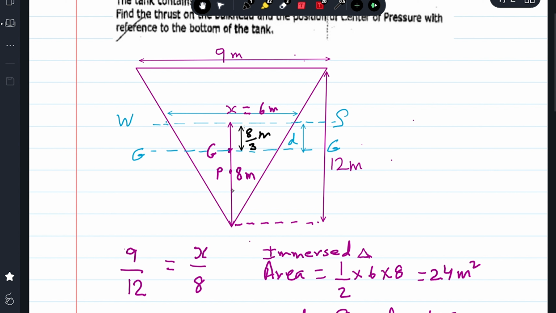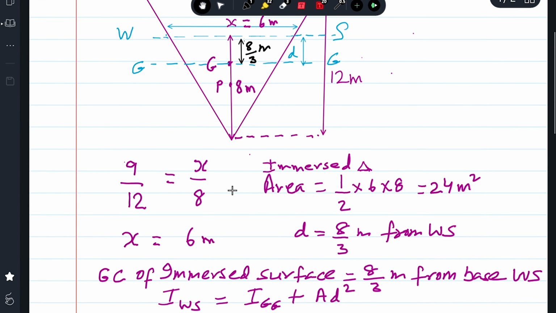So what is the immersed area of the triangle? Half base, which we just found is 6 meter, into height, the sounding 8. So half into 6 into 8, and you get 24 square meter as the area of the immersed surface.